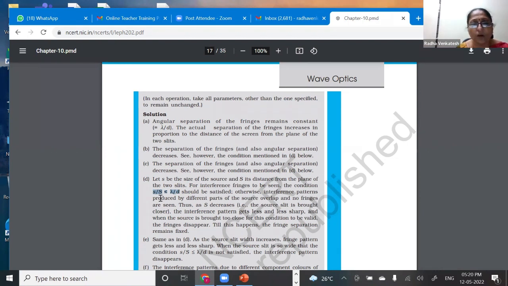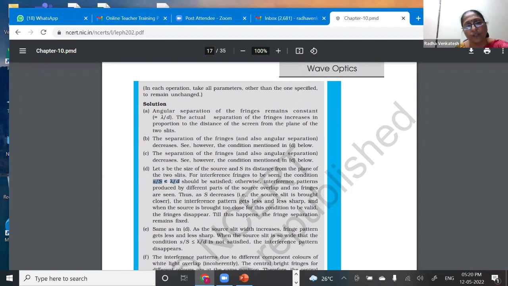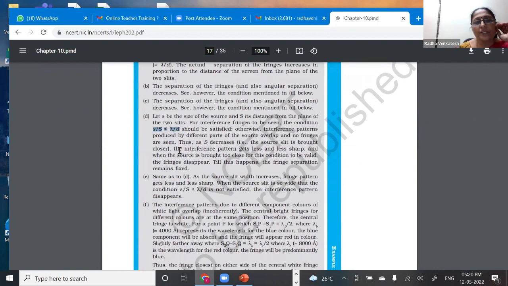Capital D is not involved in this, so I don't have to talk about this condition for the first part. So just teach your children or revise with your children that this should be mentioned when they are giving the fringe width changing, provided this condition is satisfied. Are we clear?